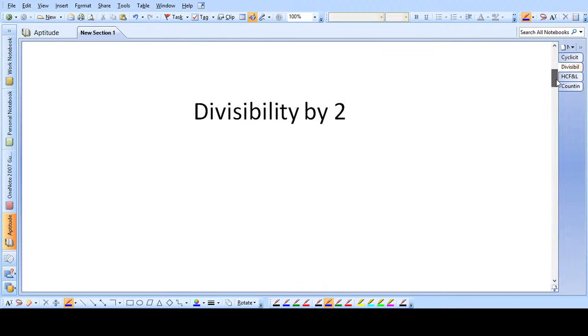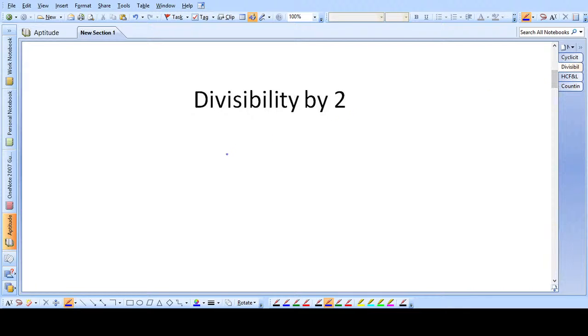So if a number is asked to you, is it divisible by 2, so what should be the properties of a number which is divisible by 2?